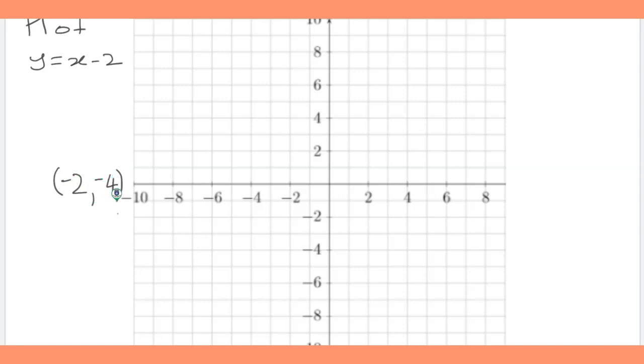For this one here, you just need to first start off with the x-axis and go to -2, which is over here. And then you want to go to our -4 on our y-axis. You then want to bring them close together and see that they both meet halfway at this point. That is where we're going to plot the first coordinate.